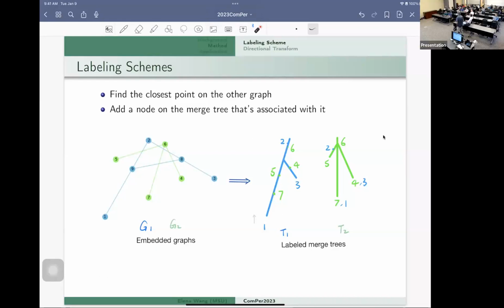There's a question in the chat. I can just repeat it, but you can read it anyway. Have you considered the Gromov-Hausdorff distance or the Hausdorff-Yau distance? The former is fine and the latter is efficiently computable. And what is the relation between the different distances you mentioned at the beginning, including the merge tree distances obtained by different directions or angles?